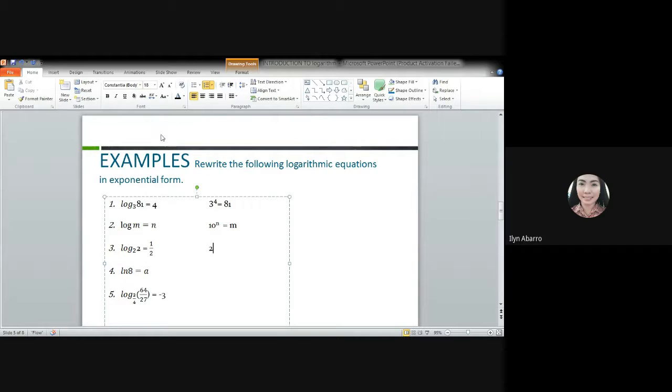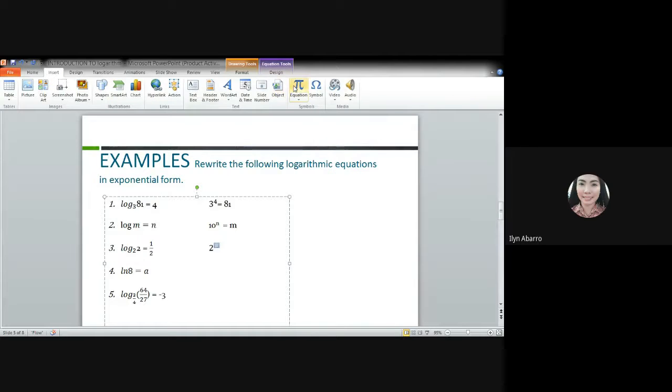So, wait lang. Ito na lang, i-copy natin, kasi hirap mag-encode ng mga mathematical symbols. So, base 2, so our exponent is fraction.